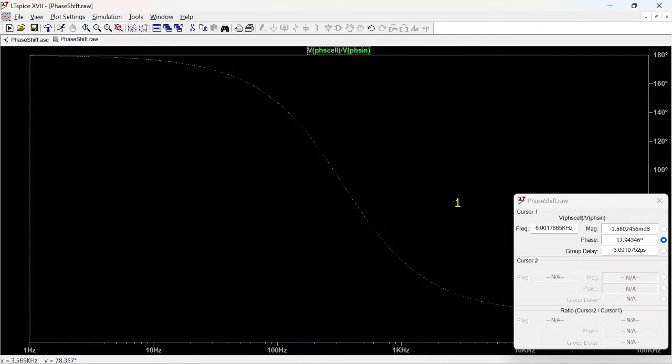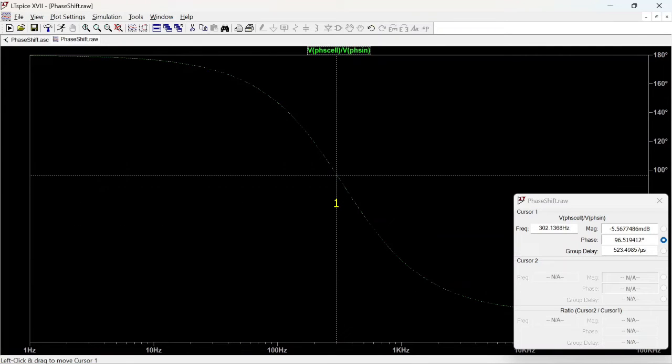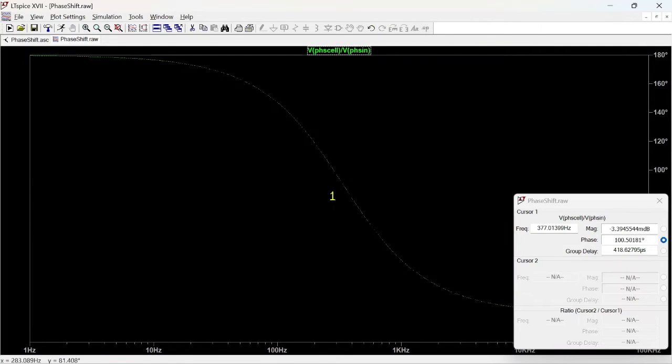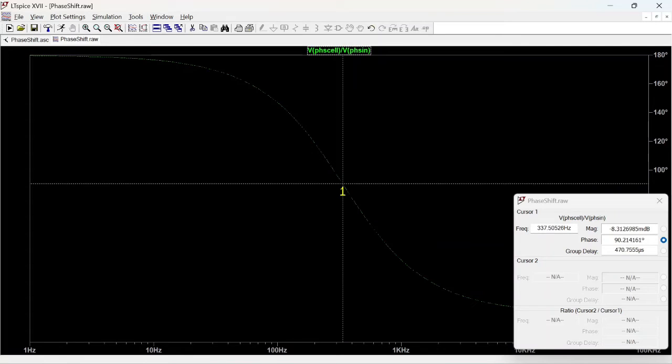So we need at least two of these stages in order to get 180. Different frequencies are shifted differently. In this case, only the frequency of 338 is shifted 90 degrees.